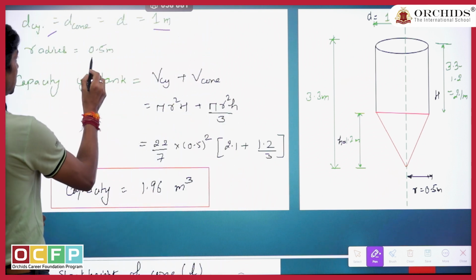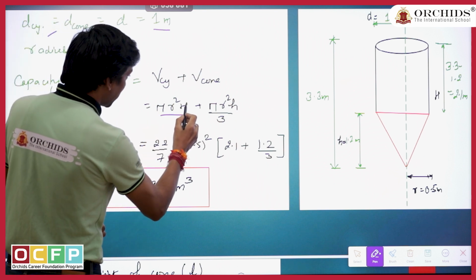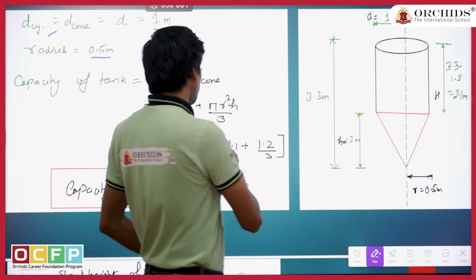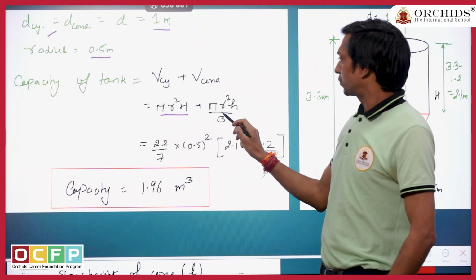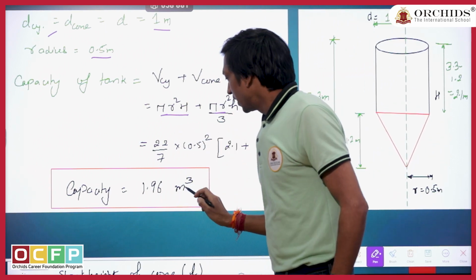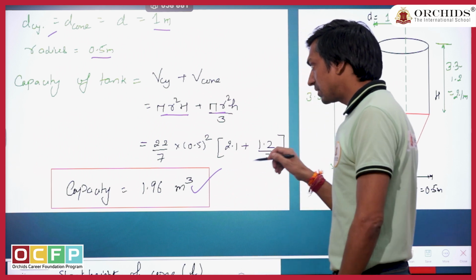So the volume capacity of the tank is pi r square times capital H, the height of the cylinder, so 22 by 7 into 0.5 square into 2.1 plus 1.3 h. Here we have taken pi r square common because the radius is constant and pi is constant, so we take it outside. After solving we get capacity 1.96 meter cube, that is the capacity of this vessel.